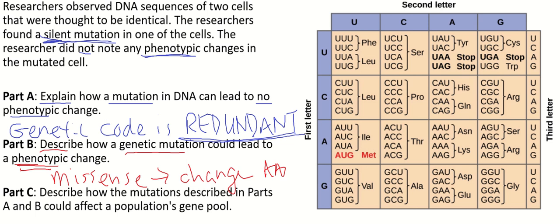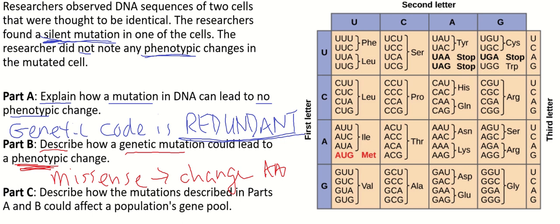Another thing you could say is a nonsense mutation can shorten a protein. That's also going to change the phenotype, in other words, the trait. You can say a frame shift changes multiple amino acids. These are all very good answers. Just pick one of them.